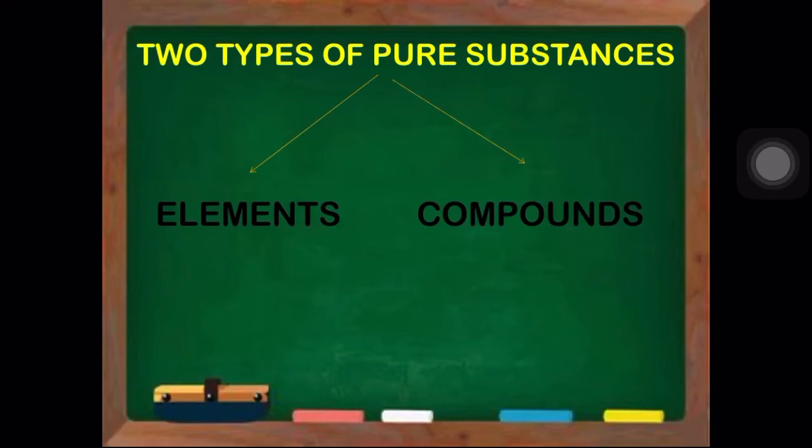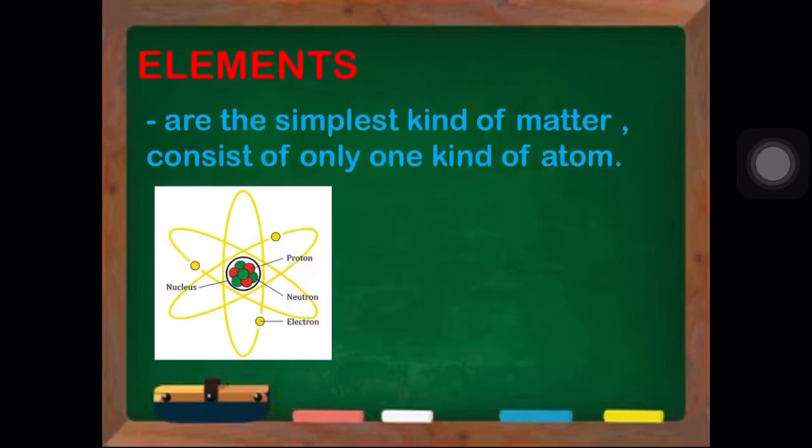Unahin natin si elements. Ang elements ay ang pinakasimpleng chemical substance dahil binubuo lang ito ng isang uri ng atom. Ang atom ay ang fundamental o ang pinakamaliit na unit ng matter na binubuo ng tatlong particles, protons, neutrons, and electrons.